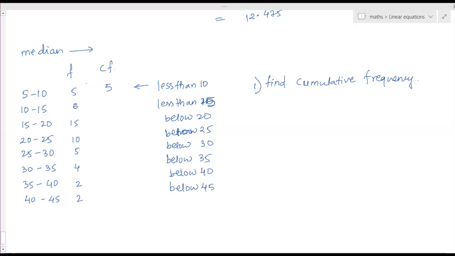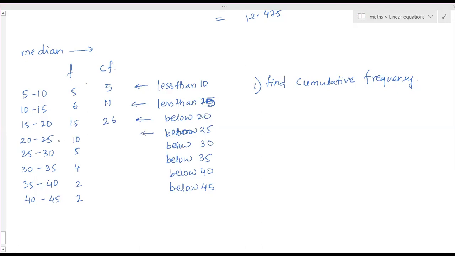We have to add these two. Now below 20 means the sum of all three, from 5 to 20. The first two sum to 11, and in that 11 we are adding 15, so it will become 26, right?